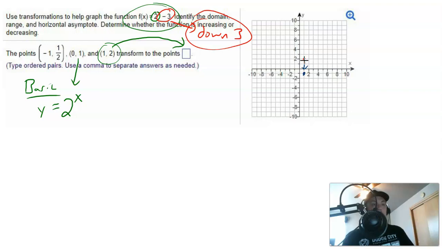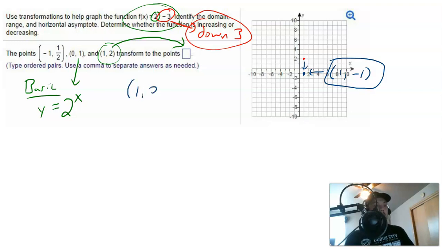So we're at 2, and 1, 2, 3 down will take me down to -1. So I'll get this point here at 1, -1. So that's where that point's going to end up. It starts at 1, 2, and after I shift it down 3, it ends up at 1, -1.